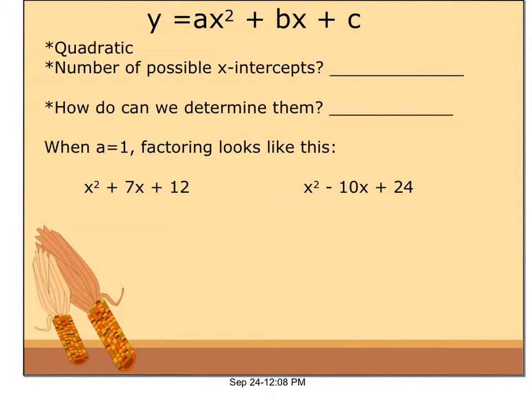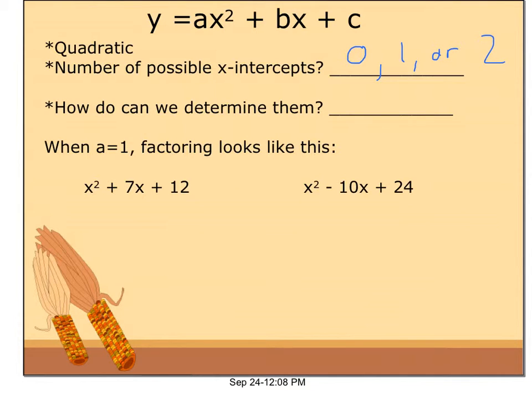You really can't talk about factoring quadratics without talking about x-intercepts, because that's really the purpose. That's why we do it, because it makes it easier to find x-intercepts. Quadratics can have 0 x-intercepts, 1 x-intercept, or 2. Can't have more than 2.